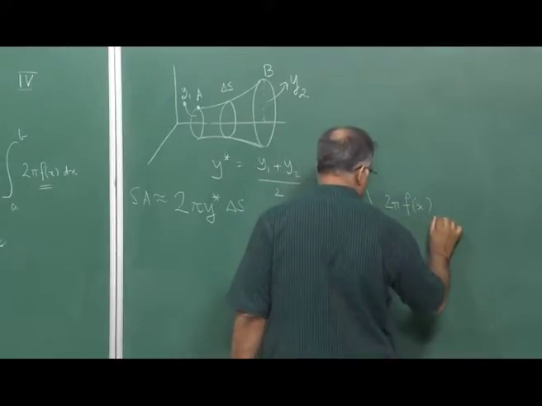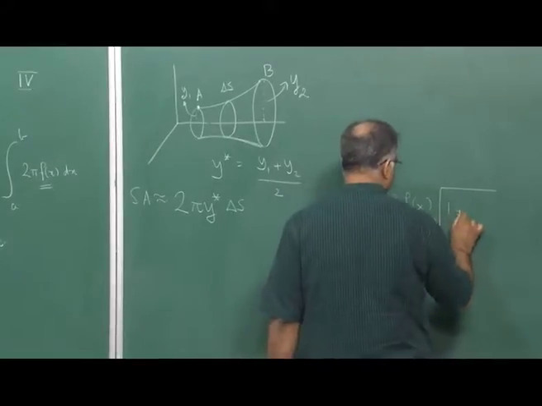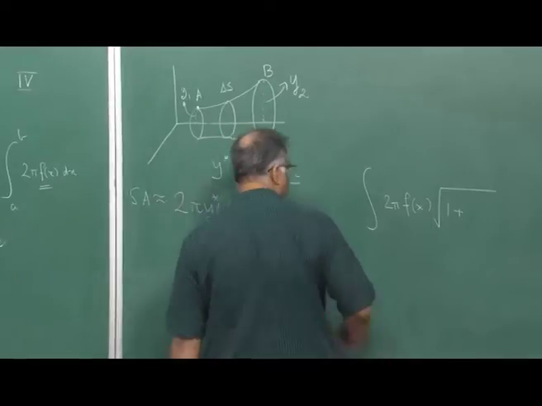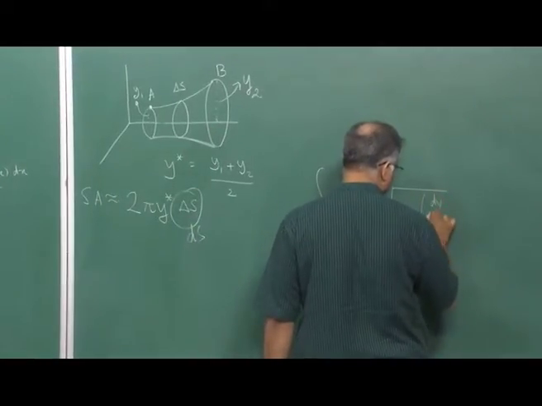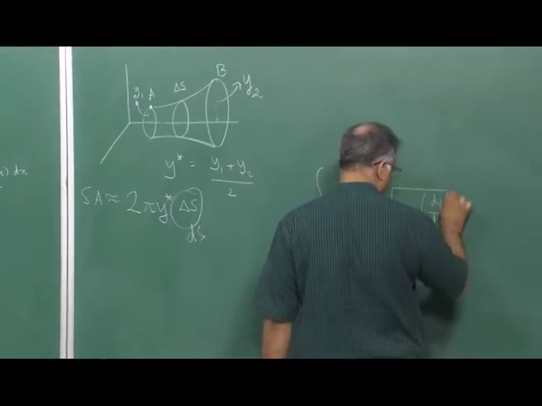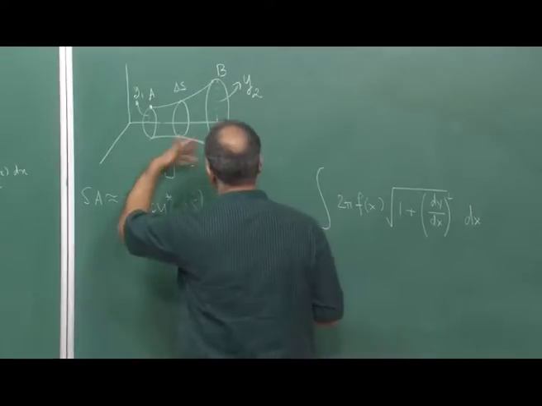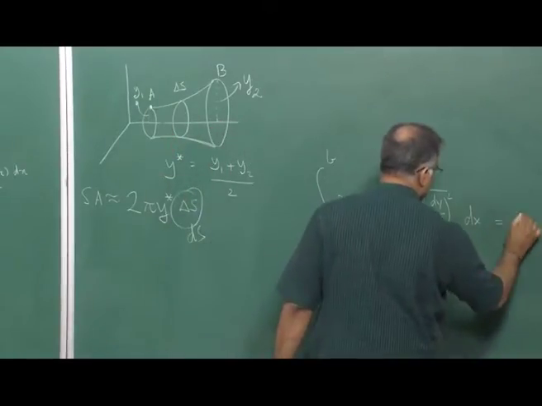But what is d s? It is root over, as del s becomes smaller and smaller it becomes ds, which is nothing but root of 1 plus dy by dx whole square dx, where x is moving from x1 to x2, or a to b, whatever you want to say. So, this is the surface area.